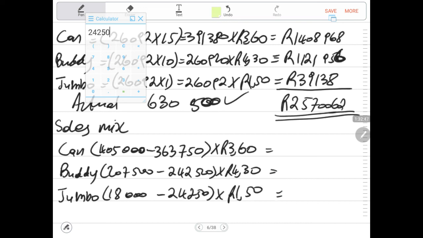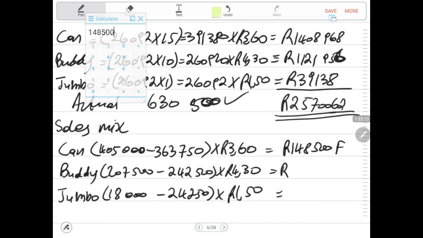Then we say 405,000 minus 363,750 times 3 rand 60 cents. We get 148,500 favorable variance.